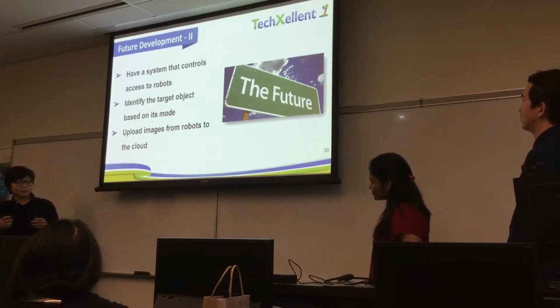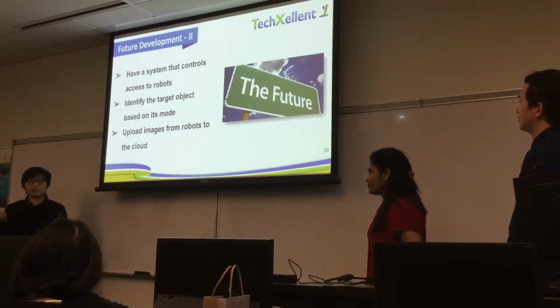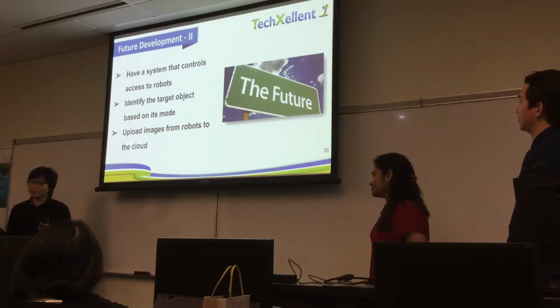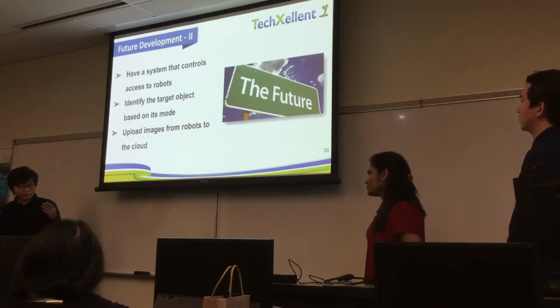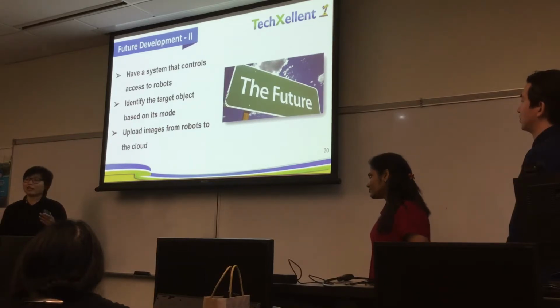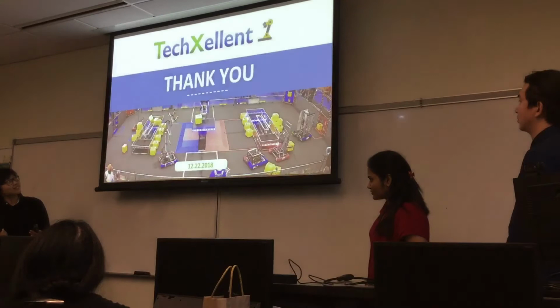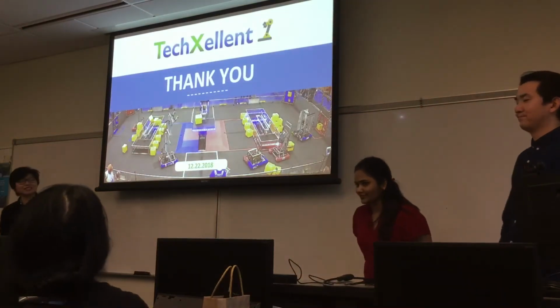But maybe later on, the TX1 can save some images to put into the cloud or something, and based on that, it can be used to analyze the objects. So that's it for now. Thank you.